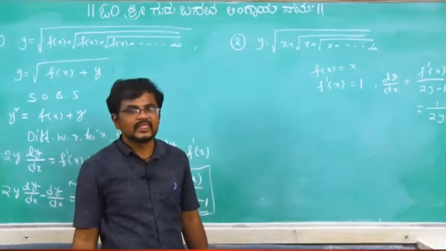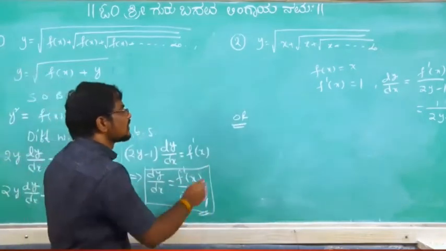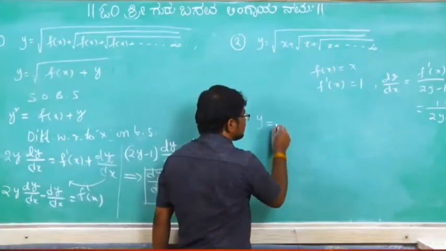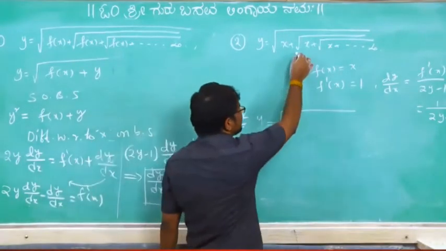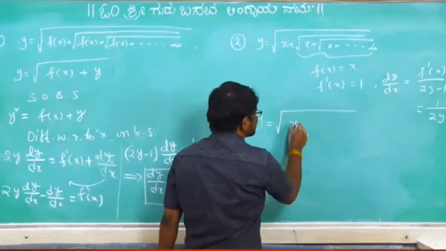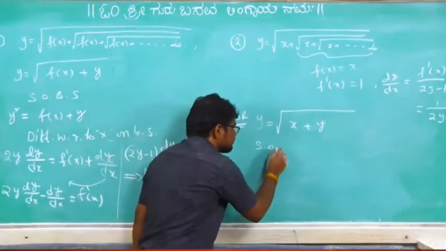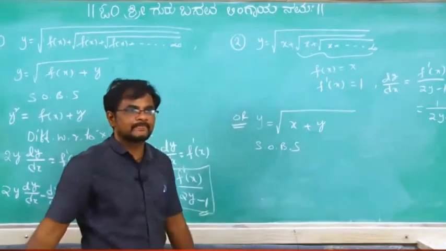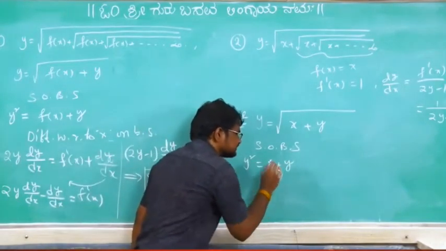Simple answer. Or suppose you do it like this: y equal to root of, how to write it? Tell me, from where it is repeating. Here it is repeating, so x plus y. Squaring on both the sides, y square equal to x plus y.